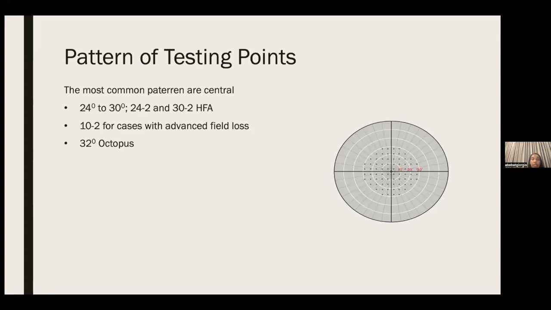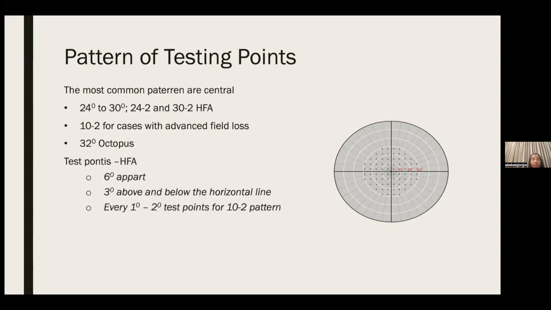And it's central 32°, which is measured with octopus perimetry. Test points with Humphrey field analyzer are 6° apart, and they are 6° above and below the horizontal line, and every 10 to 20° test point for 10-2. That's why we need to do the 10-2 in advanced cases.